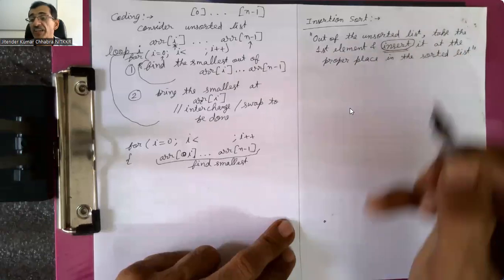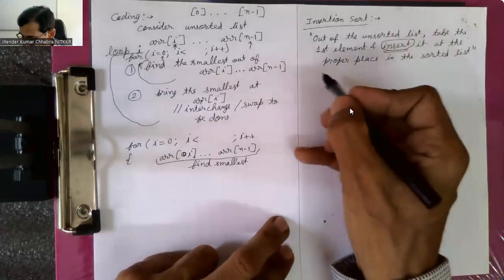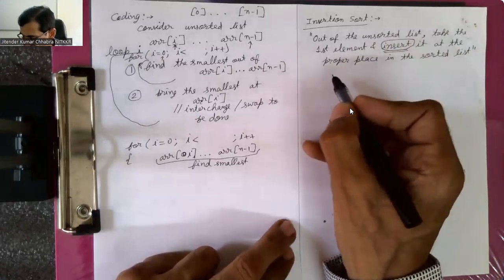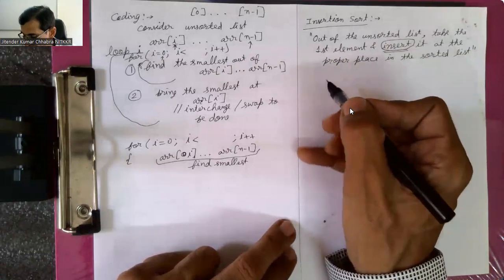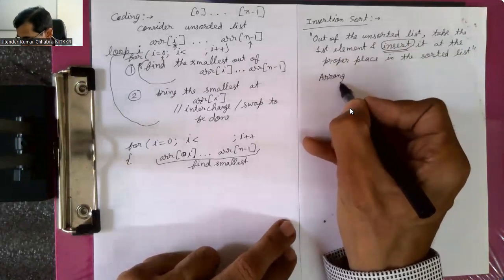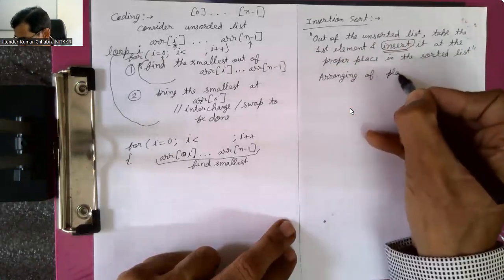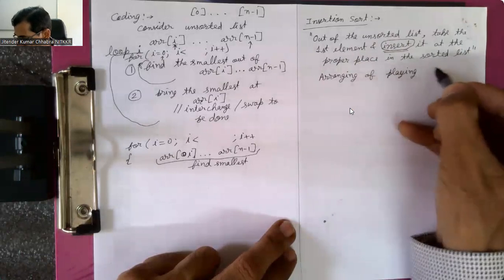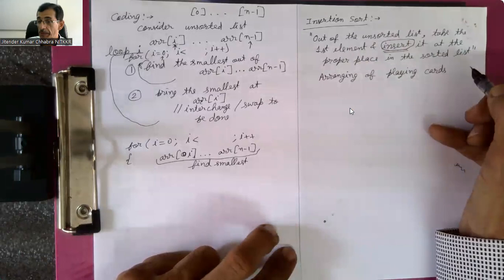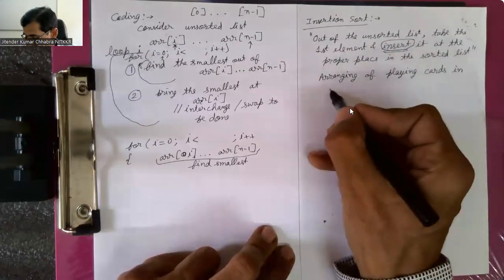This word insert needs to be properly understood. I say insertion sort is exactly easy to understand if we remember how we arrange cards while playing. Whenever we are playing cards or the Uno game, we have a tendency of keeping the cards in our hand in a particular way.